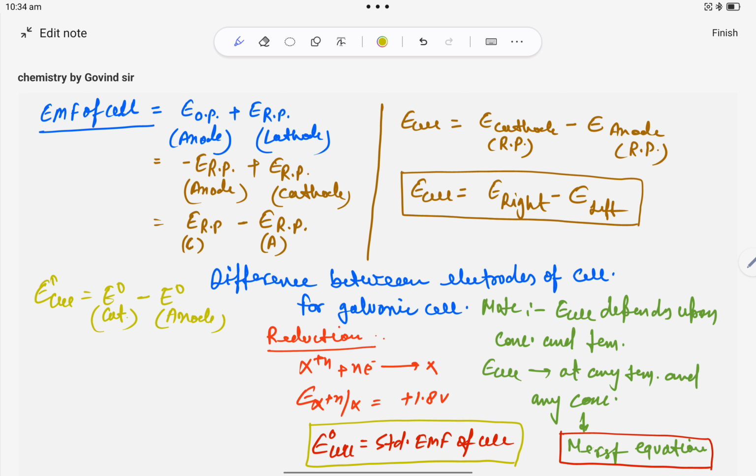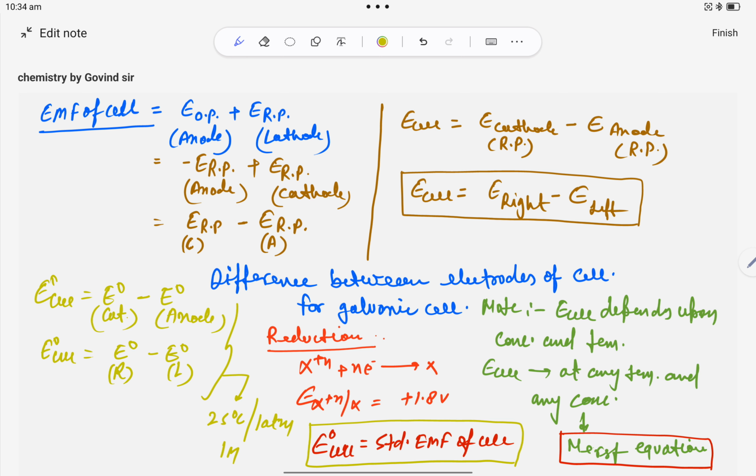Or right or left also you can say, E naught of cell is equal to E naught of right minus E naught of left. This formula we will use at 25 degrees Celsius temperature, 1 atm pressure, and 1 molar concentration. That is it.